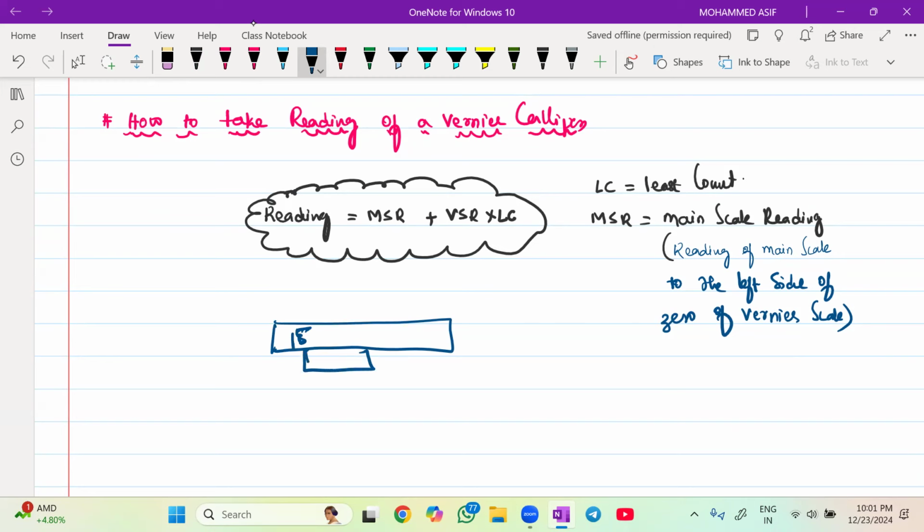Now this is 0 of the Vernier scale. Before the 0 of the Vernier scale, what is the reading of the main scale? You're able to see 5. That means main scale reading will be 5. That's what it means: reading of the main scale to the left side of 0. Whatever reading is visible on the main scale before the left side of 0, that will be the reading of your main scale part.